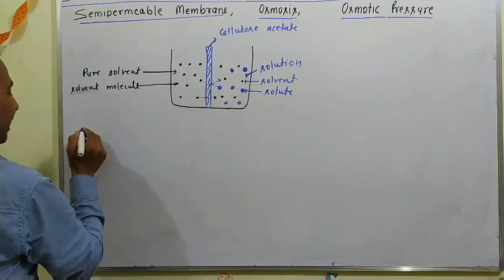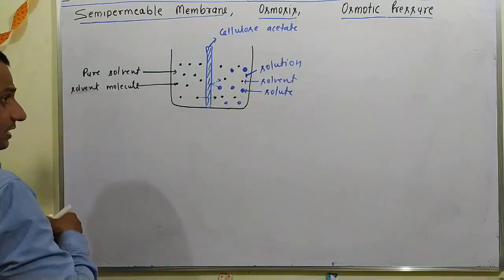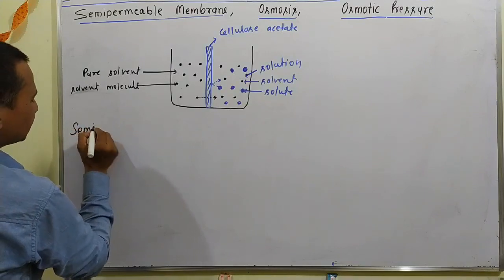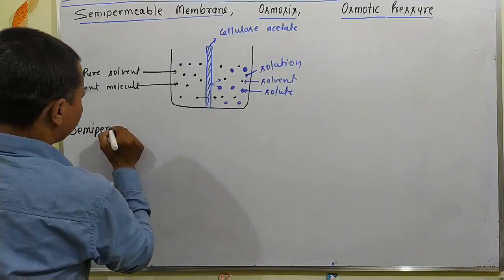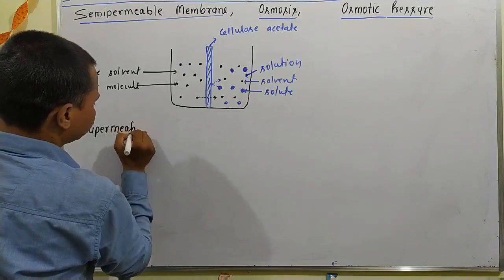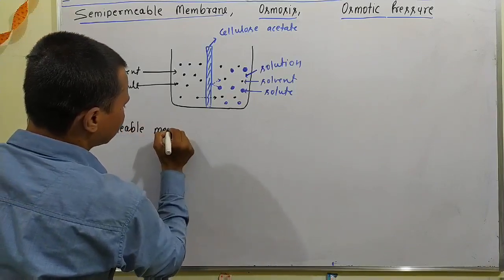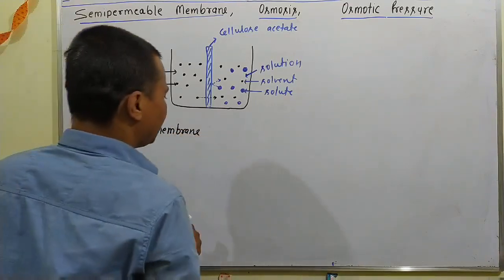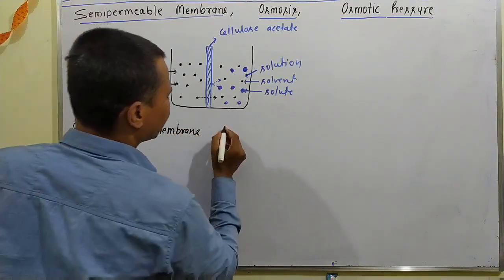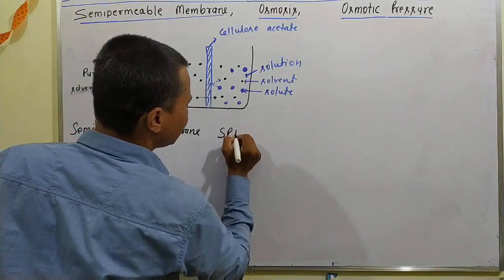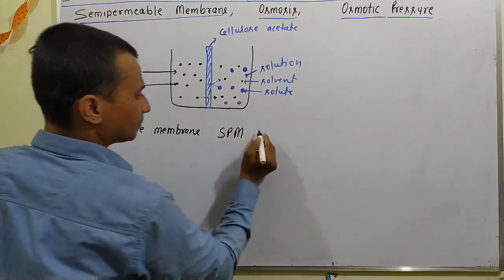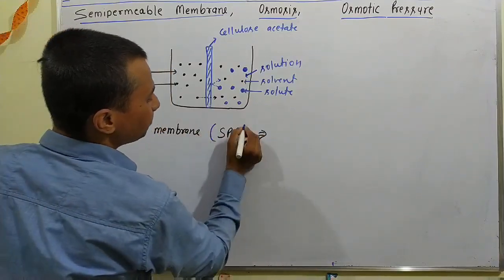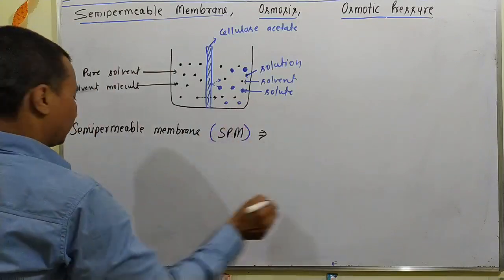Now I am going to define it. This is your semi-permeable membrane. It is also called SPM. SPM full form is semi-permeable membrane. What is the definition?